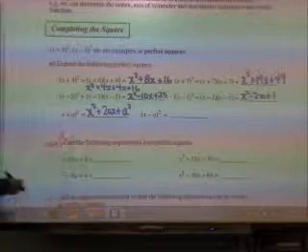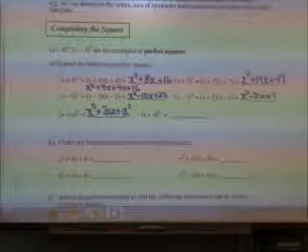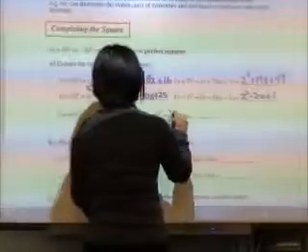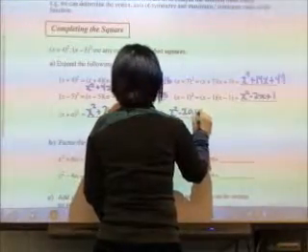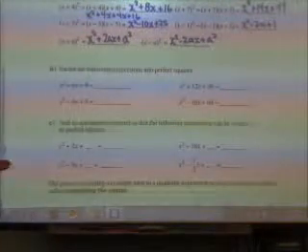So the product is ax, and I double it. If I make it an x minus a squared, what changes? It becomes minus 2ax. Okay? So that's working from expanding it out.